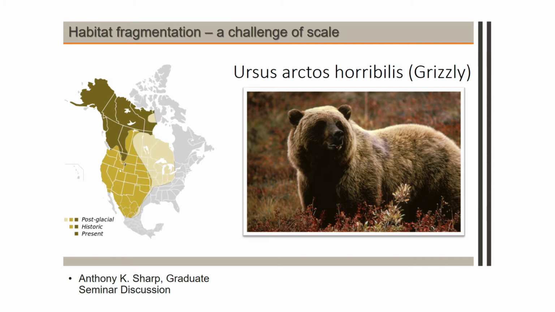And if those bears couldn't find suitable habitat in the surrounding landscape, then even Yellowstone, as large as it is, an amazingly large landscape that's protected for everyone, wasn't enough to actually save the grizzly bear species.